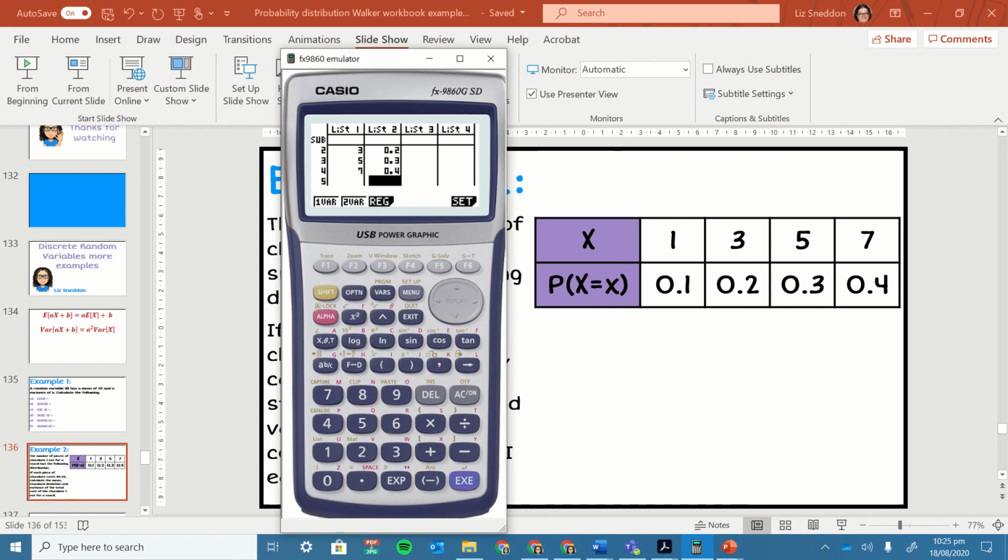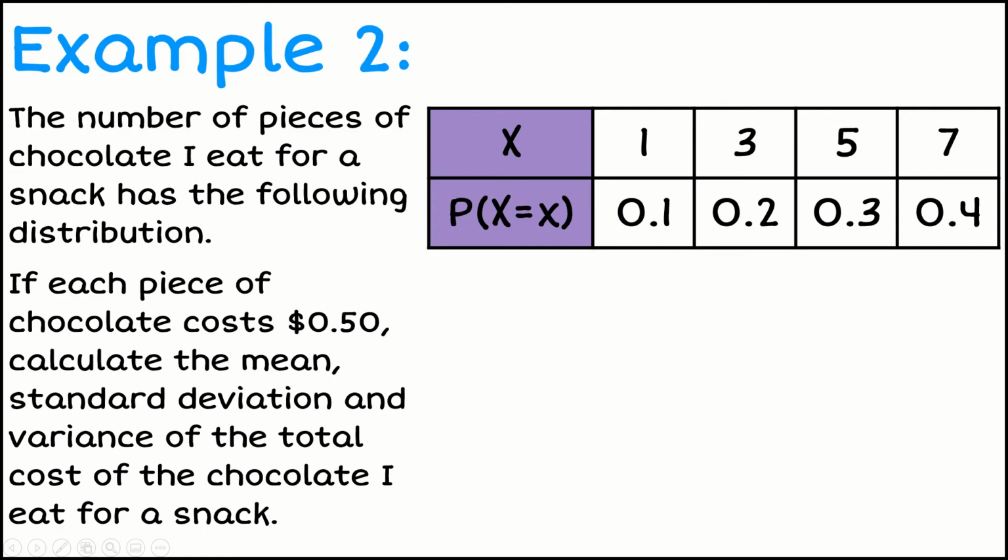So let's go and do our one variable. That gives us our mean of 5 and a standard deviation of 2.